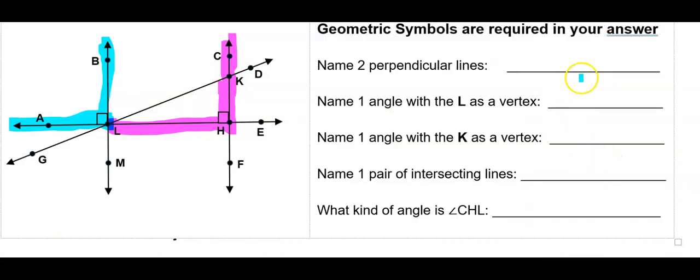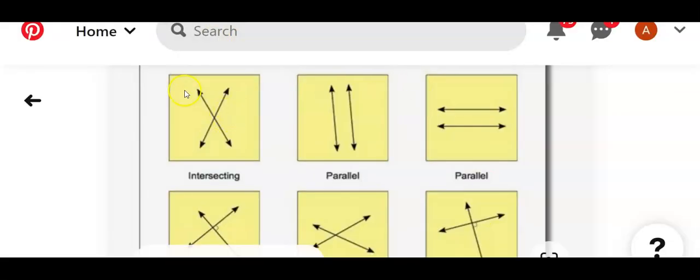Now, to look at this part of the midterm, let's define perpendicular, parallel, and intersecting lines, and a vertex. If 2 lines cross and meet at some particular point, we know that they're intersecting. If there are 2 lines that do not intersect at all and are the same distance apart, then they are parallel lines.